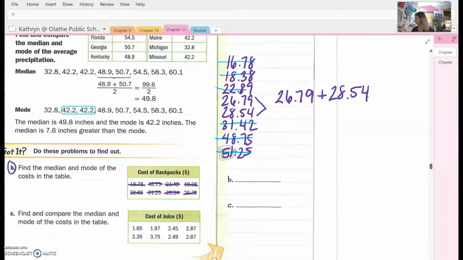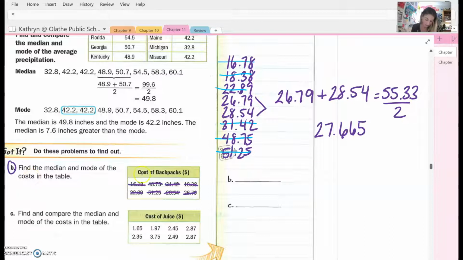28.54, and I'm going to do that really quick because I didn't write it down, I just wrote my answer down, so I need to go ahead and do this really quick. So 26.79 plus 28.54, which gives me a total of 55.33, but since there's 2 of them, I'm going to divide that by 2, which gives me a total of 27.665.